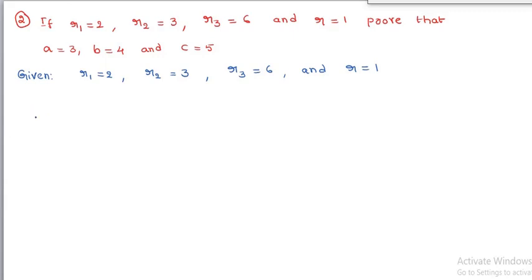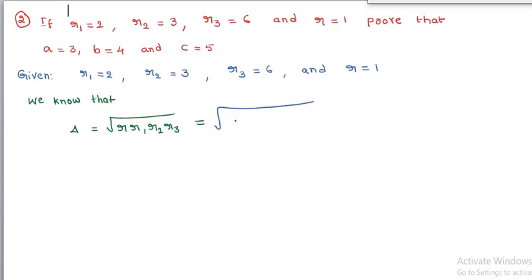Okay. So first we have to find out delta. We know that delta is equal to the square root of R into R1 into R2 into R3, which is the square root of 1 into 2 into 3 into 6.